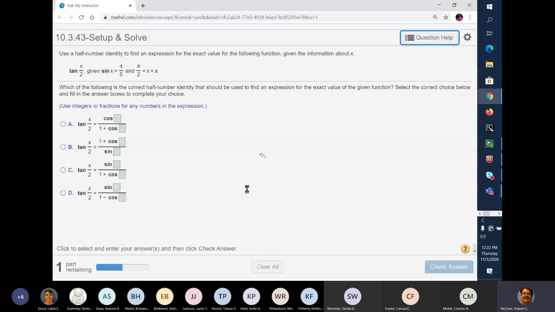So this one says, find the tan of x over 2, given the sine of x is equal to 4/5, and it's in the, I'm just going to go ahead and say it's in the second quadrant.